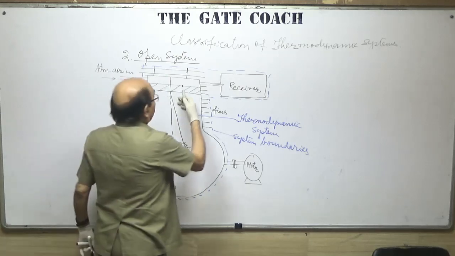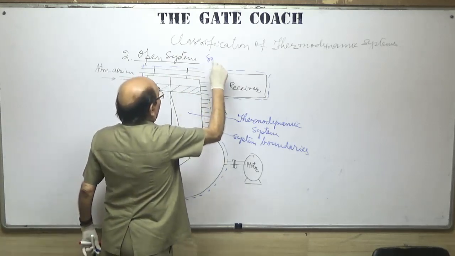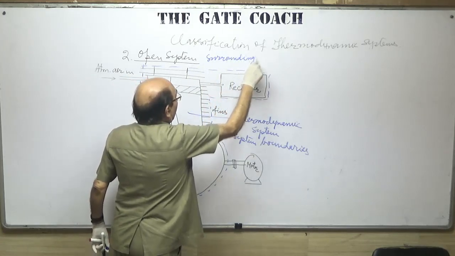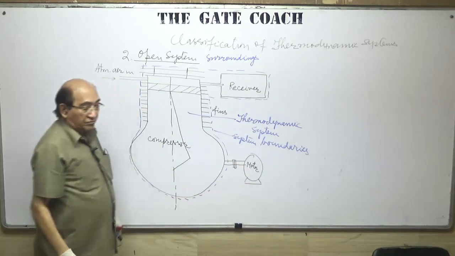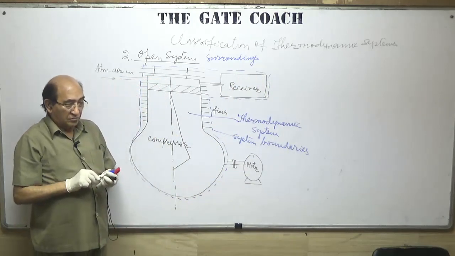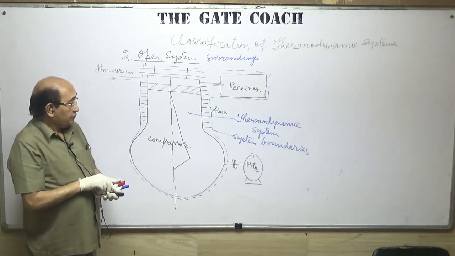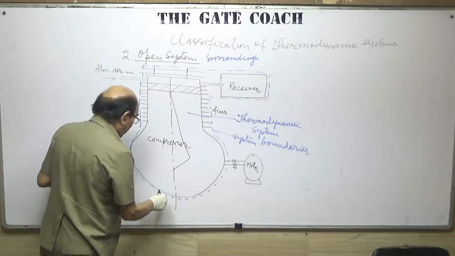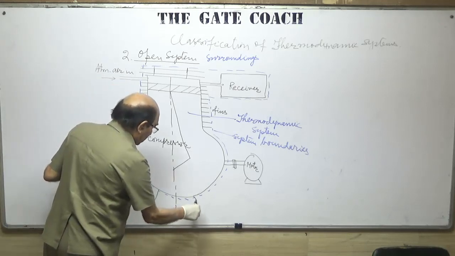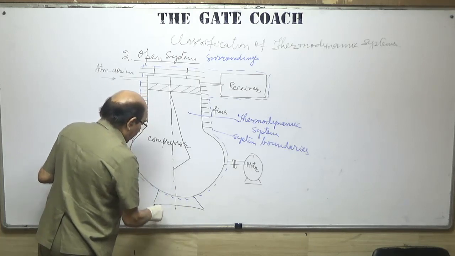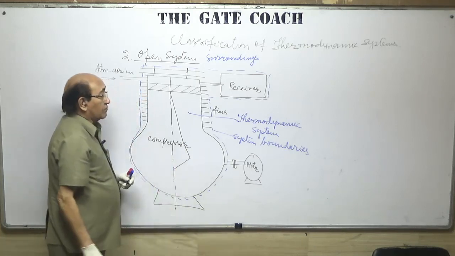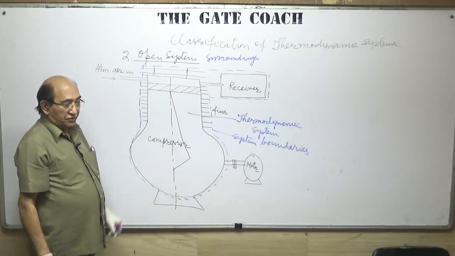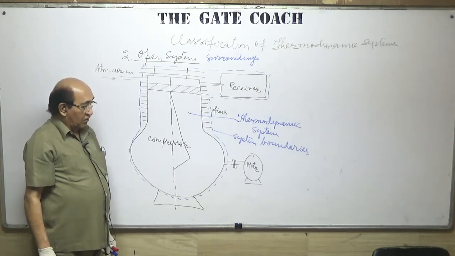And everything external to the system is the surroundings for the system. Once these three things are marked, that is the system, boundaries and surroundings, we are clear with our objective.